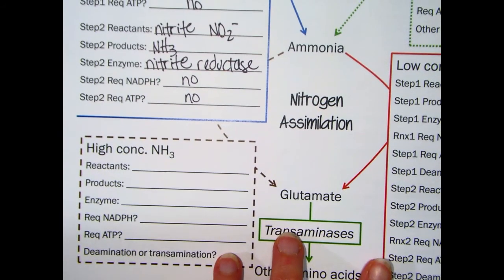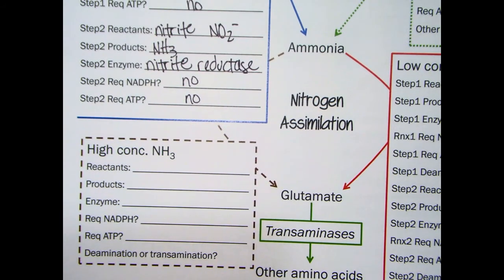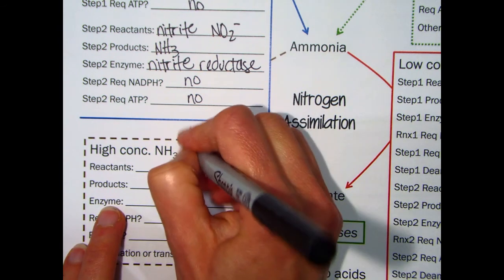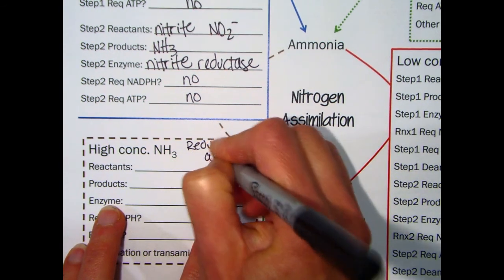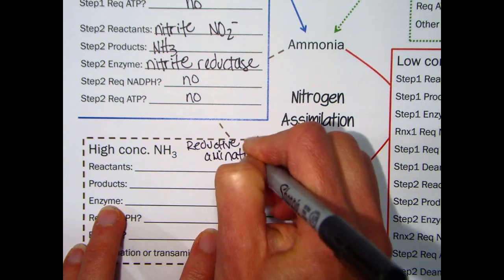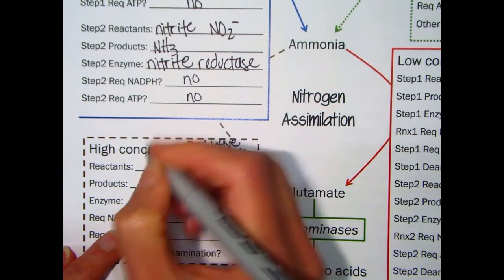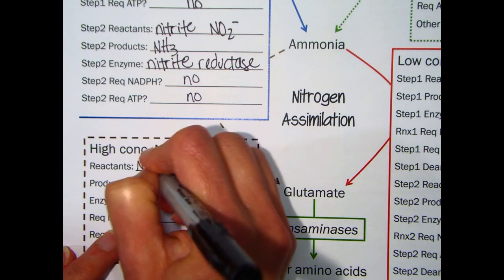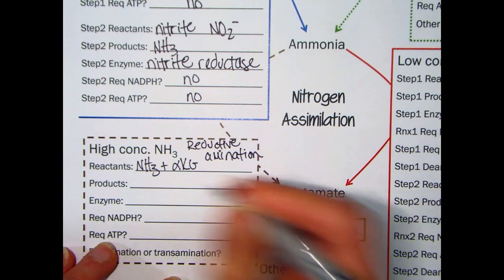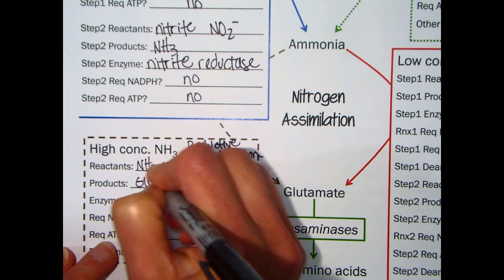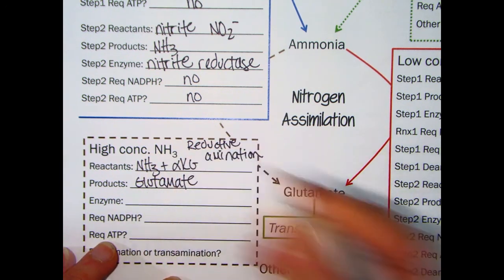So if there is a high concentration of ammonia, then the cell will do reductive amination, which uses ammonia plus alpha ketoglutarate and makes 1 glutamate.